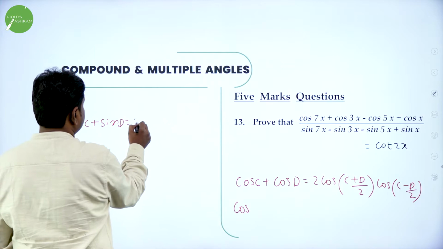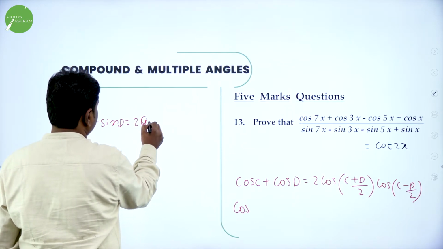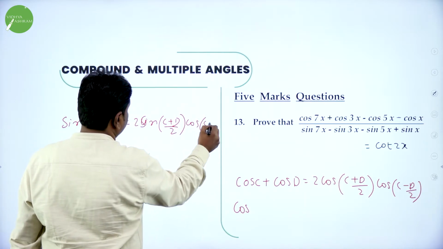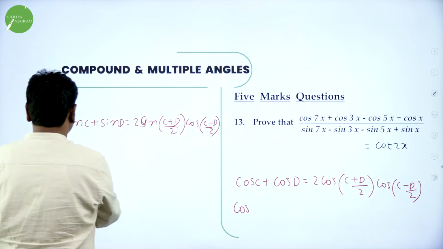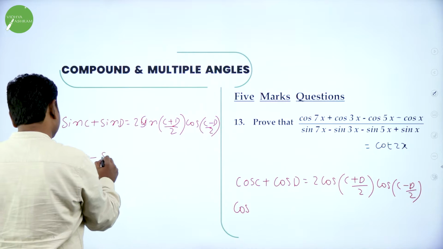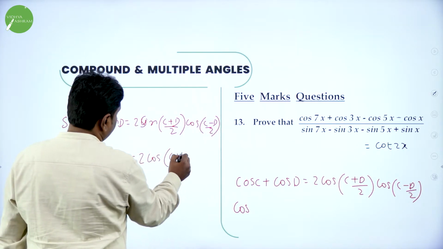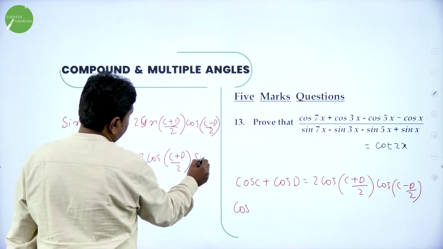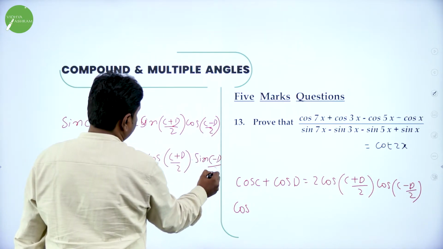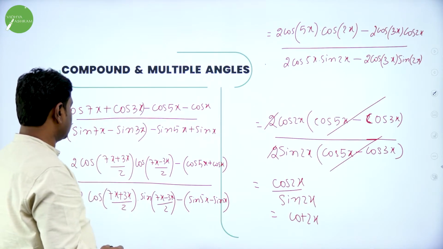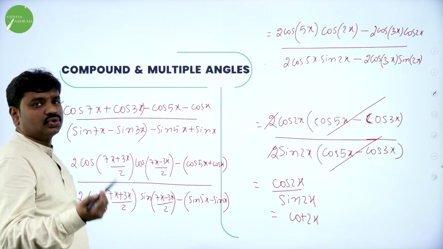Sin C plus sin D is 2 sin (C plus D)/2 into cos (C minus D)/2. Further, sin C minus sin D. Sin C minus sin D is 2 cos (C plus D)/2 into sin (C minus D)/2. These are the formulae we used and we arrive at the result. I hope all of you understood this.